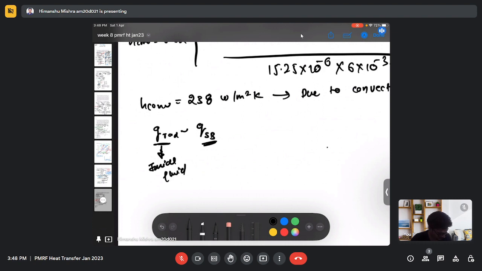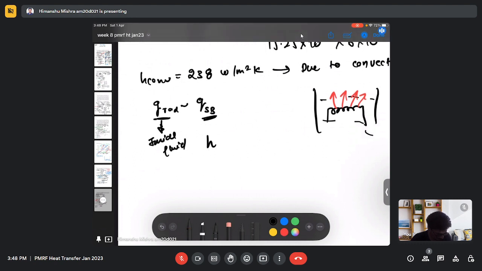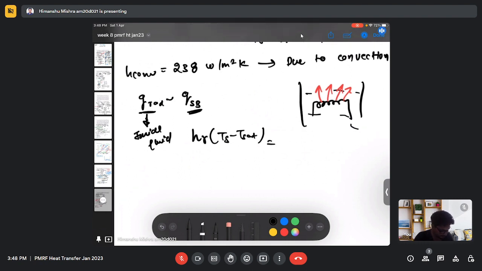Because we have a heater here, which is surrounded by the fluid, and there is a radiation heat transfer from the heater. So in that case, there will be a heat transfer coefficient due to radiation, which is equal to the actual radiation heat transfer, which comes from the Stefan-Boltzmann law.